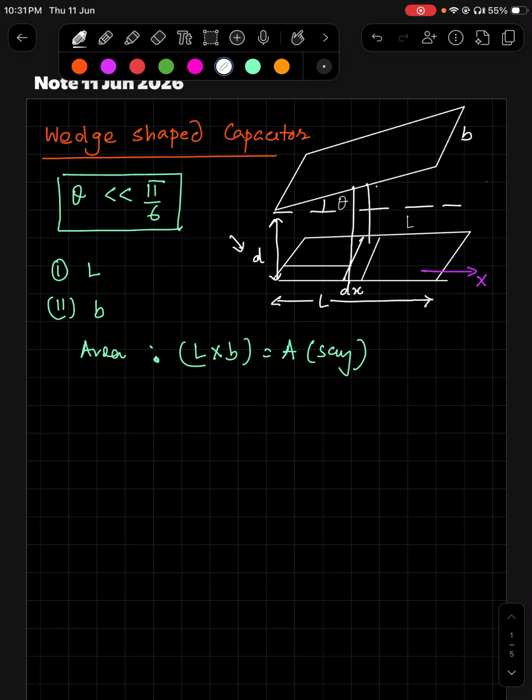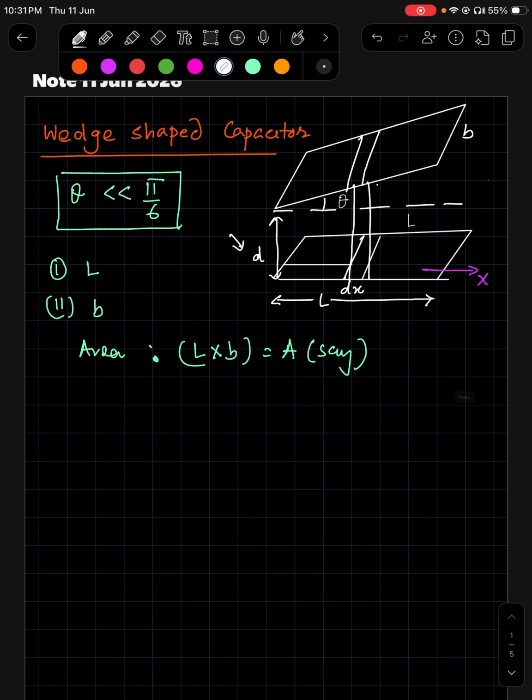I will find the capacitance of this small capacitor, having a small area, where the separation is given by y, and then I will integrate. This is our technique.